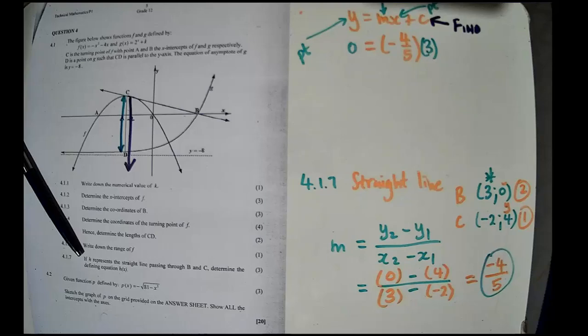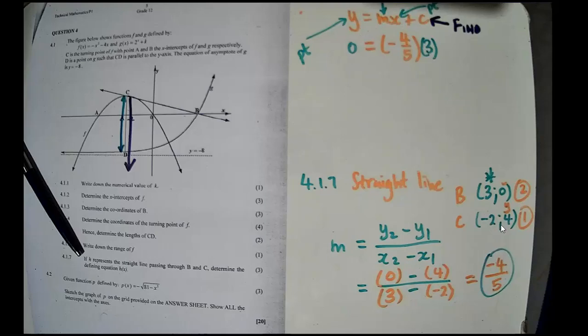So we still have to continue. y is equal to mx plus c. We do have the gradient, which is minus 4 over 5. Then we're going to substitute the point (3, 0).